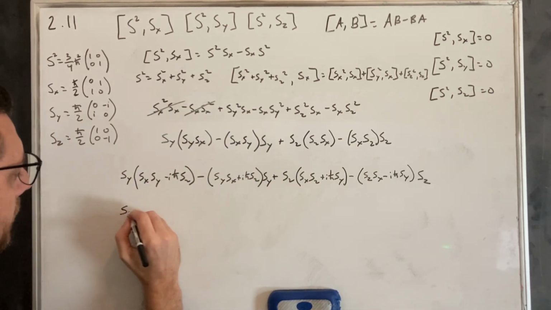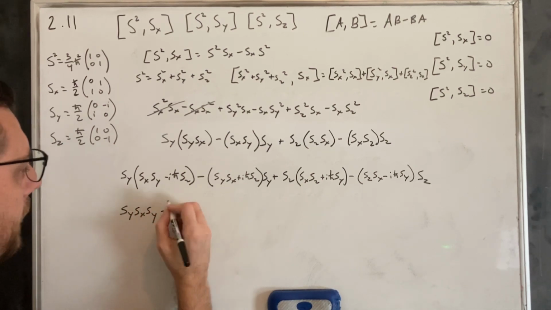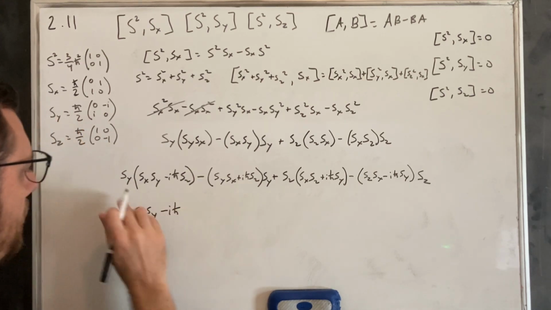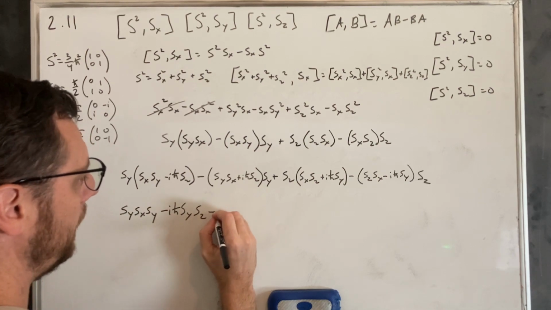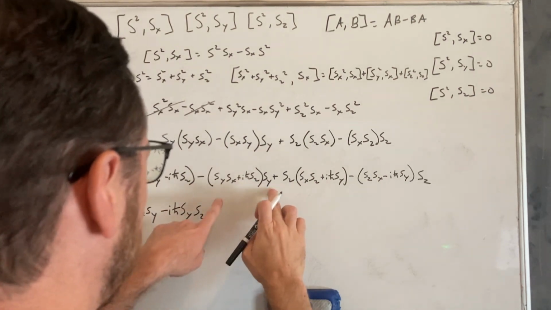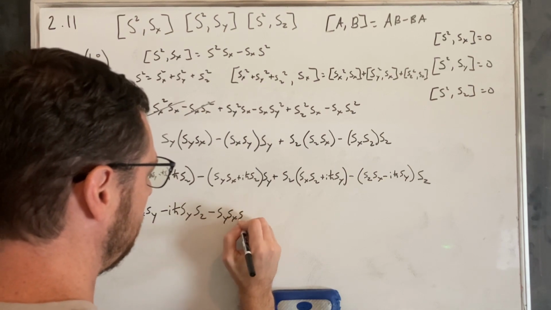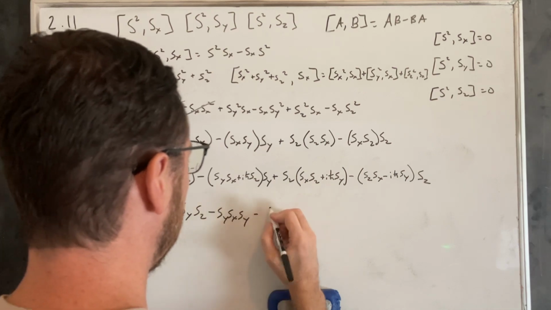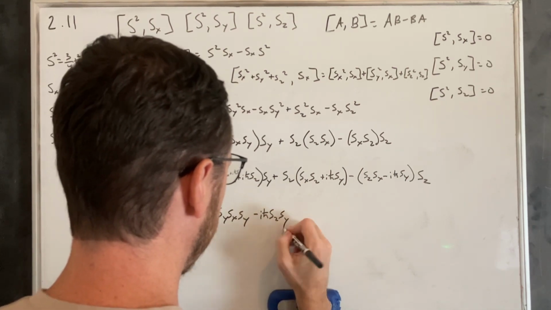So let's do Sy, Sx Sy minus, these are constants, so they can go to the front. i h bar, this one has to go in the front. Sy Sz minus, and this Sy goes in the back. So Sy Sx Sy. Remember to distribute the negative. So this is minus i h bar Sz Sy.